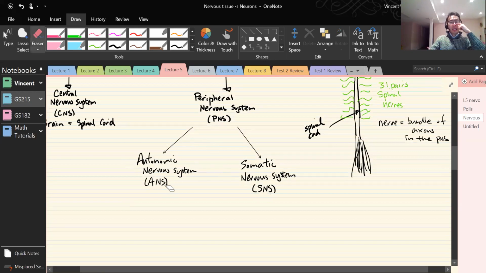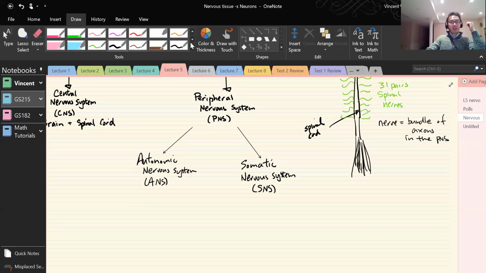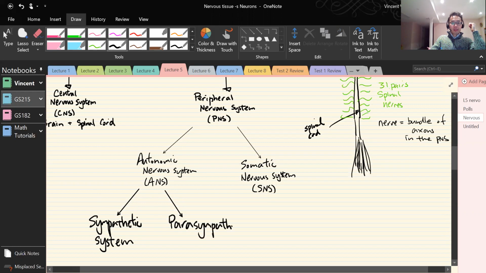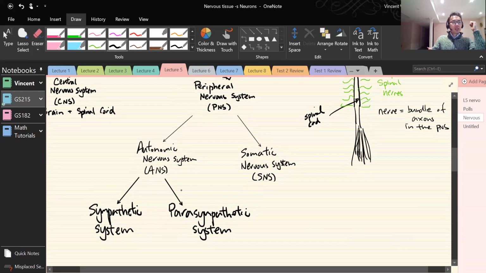Now, under the autonomic nervous system, there are also going to be two additional systems. We have the sympathetic system, and we also have the parasympathetic system. So these two systems work opposite to each other.